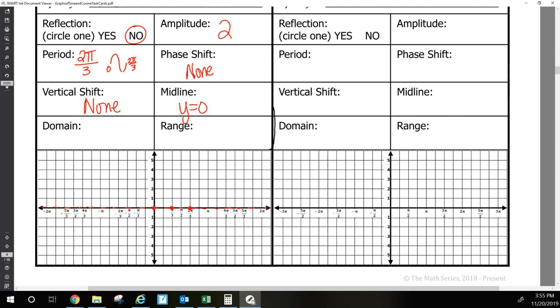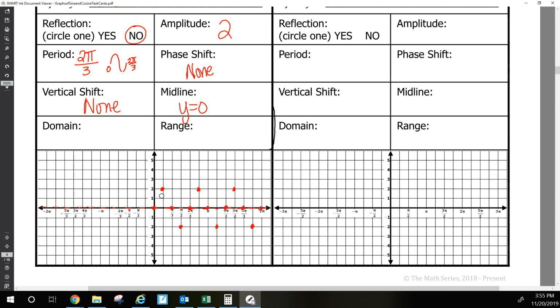And then halfway between these points is where it goes up and where it goes down. Our amplitude is 2, so instead of just going up to 1, we're going to go up to 2, and then we're going to go down to negative 2. So there's one full cycle, but I'm going to keep it going. At the next one, we'd be up at 2, back to 0, down to negative 2, back to 0, up to 2, 0, down to negative 2, 0.